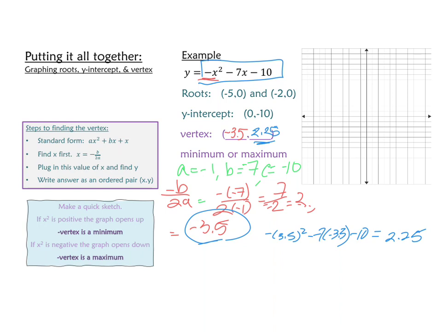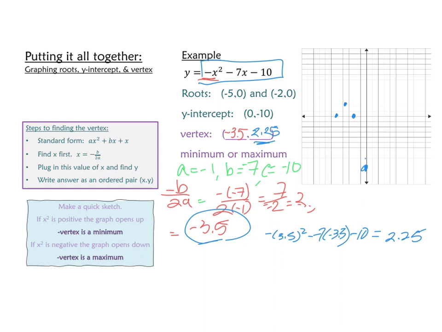So we're going to try and sketch this. Our roots are -5 and -2. Our y-intercept is 0, -10. And our vertex is -3.5 and 2.25. We're going to eyeball it at about right there.